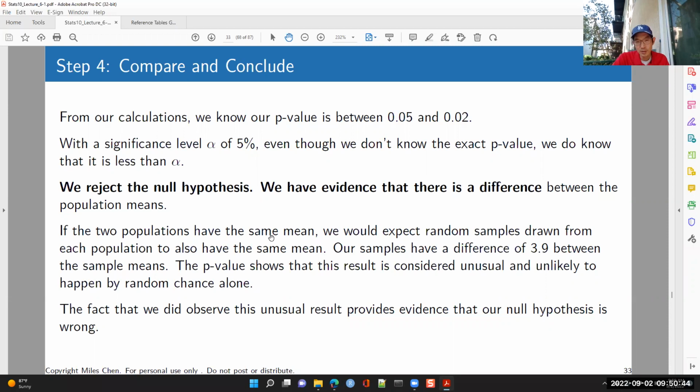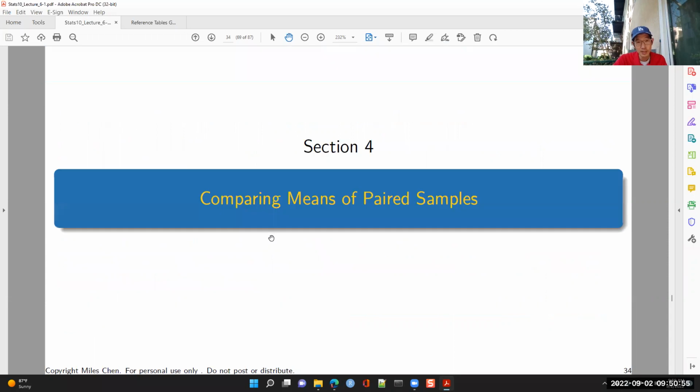Okay, that's hypothesis testing and confidence intervals for two independent samples. It's a lot of stuff, and we went through it fairly quickly. The reason for it is we've seen a lot of this before when we were dealing with proportions, comparing two proportions and doing hypothesis tests there.